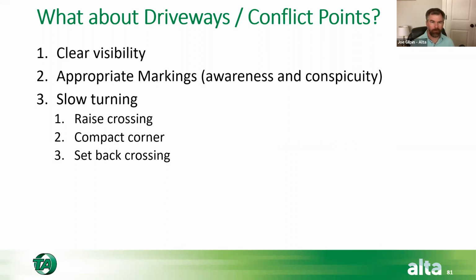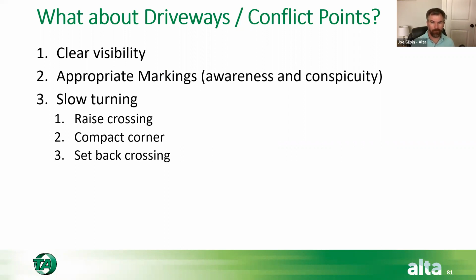There's starting to become more information about this, but it's still not really super easy to find in a lot of cases. And the things that we've learned are visibility is really important. We need to be able to have the opportunity for drivers to see bicyclists and vice versa for bicyclists to see drivers. We need to do everything that we can to make that conflict point or that interaction point obvious.